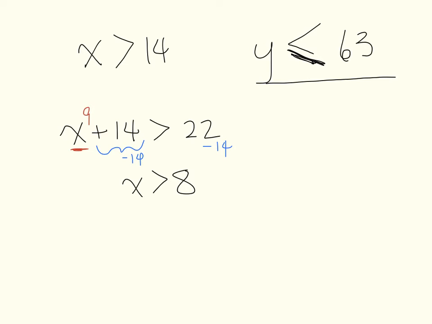I could pick something else for x as long as it's greater. So maybe it's 15. 15 plus 14 is 29. And 29 is also greater than 22. So it's anything as long as it's greater than 8. But you can see that the steps to solve it are the same.